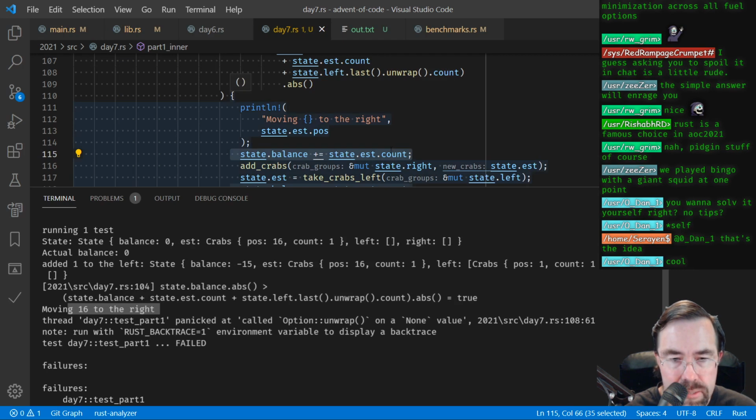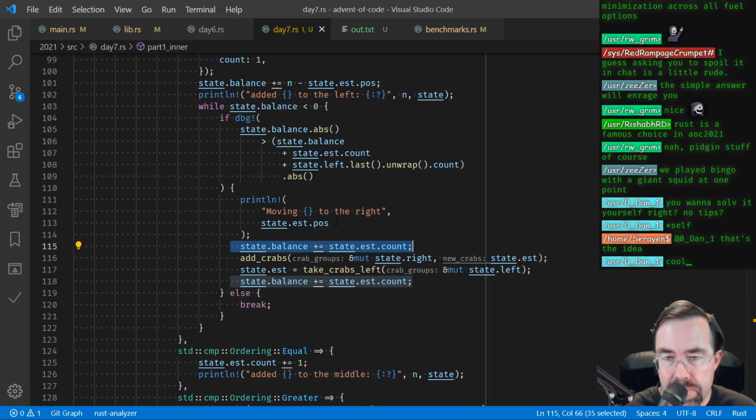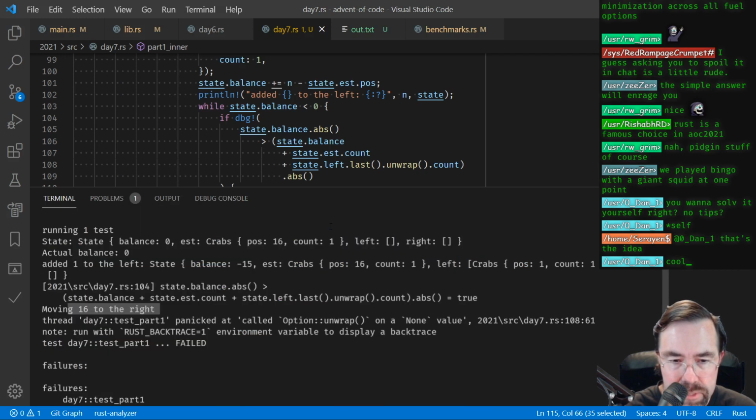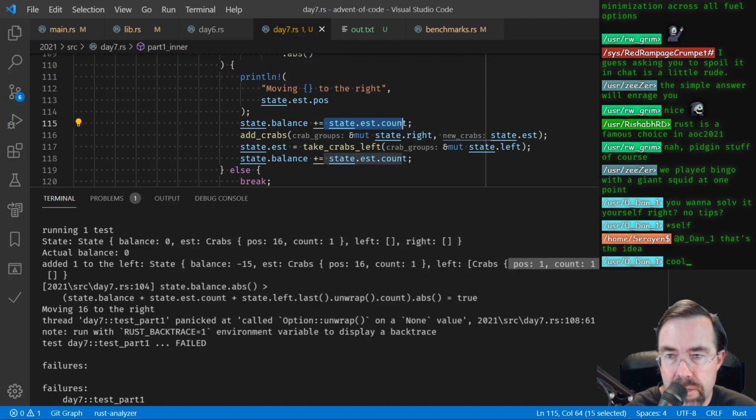Sure. Okay, so when we move 16 to the right, what does that mean? That the new estimate became whatever was on the left, which was 1. So we actually shifted 15. We added 15 to the balance, not 1. Okay, that's the problem then.